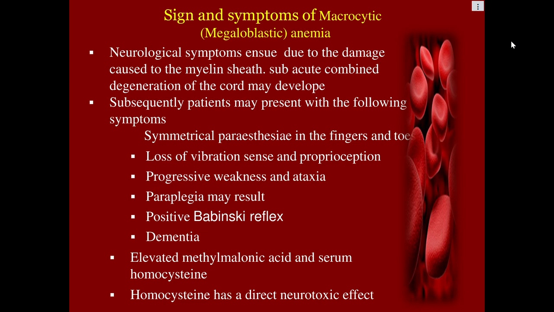Vitamin B12 and folate usually break down homocysteine to create other precursors the body needs. Therefore, when you have high homocysteine levels, this means that you have vitamin B12 and also folate deficiency.